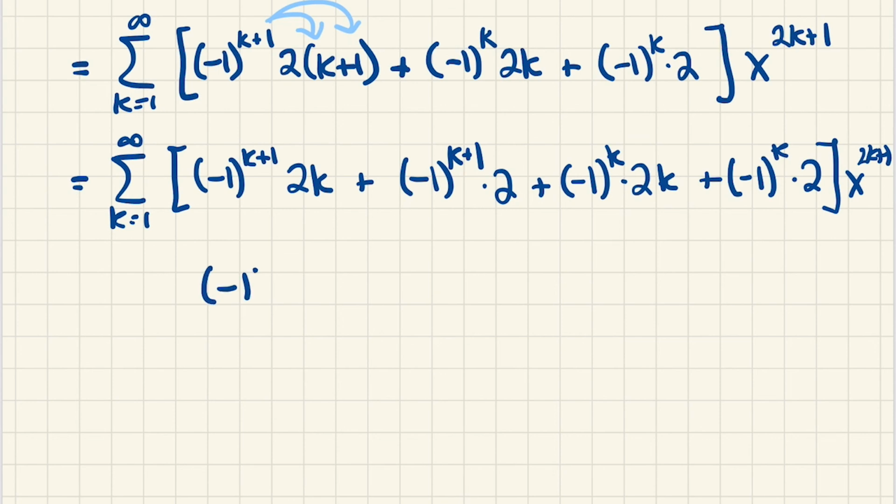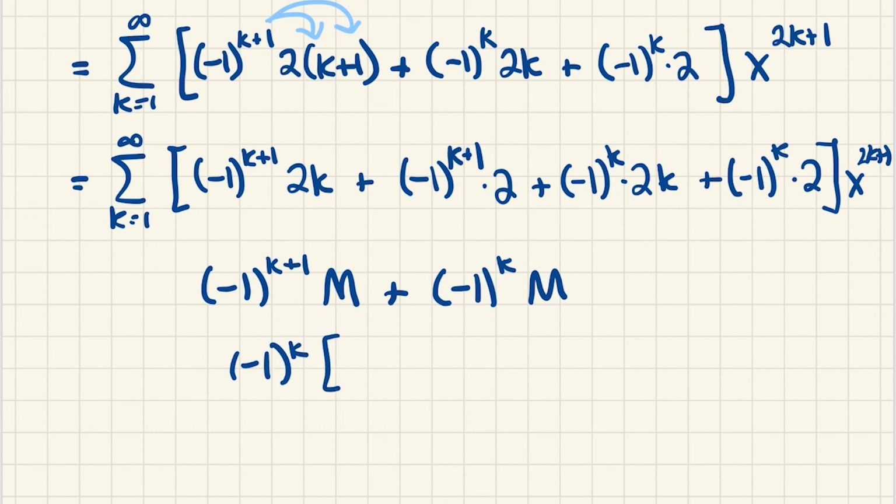If you want a more mechanical way of convincing yourself that this quantity plus this quantity is equal to 0, just factor negative 1 to the k out. So we get negative 1 to the k, and then that would leave us with a negative m plus m, regardless of what m is. And you can obviously see this is going to equal 0.